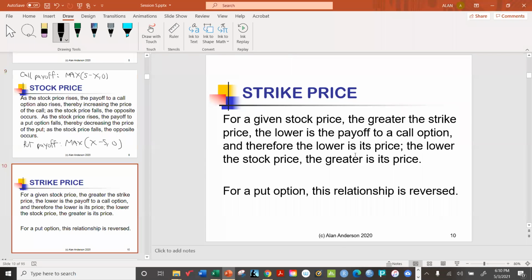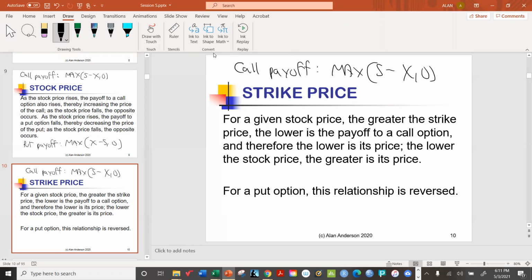Now the strike, as you know, is exactly the opposite of what we just said, because again, the call payoff is max of S minus X and 0. Now the strike price itself doesn't actually change. What this means is that if I buy an option, which is the same, but with a higher strike price, if it's a call, the price will be lower.